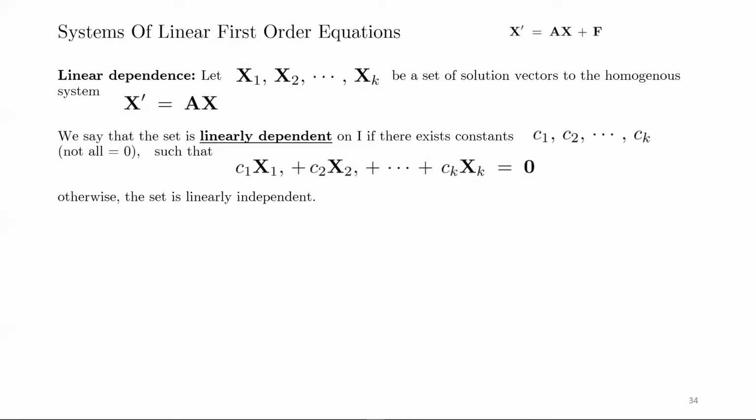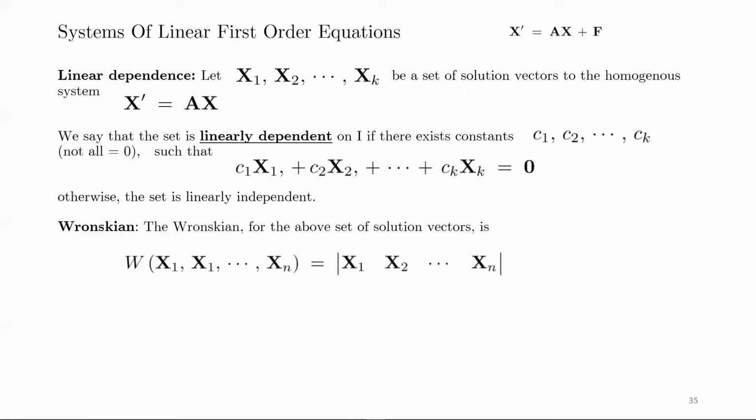However, you may recall from Unit 2 that the way we actually checked if solutions were linearly independent or not was using the Wronskian. We can do that here as well. I can form this matrix, made up of the solution vectors x1, x2 through to xn, and then take the determinant of that matrix.